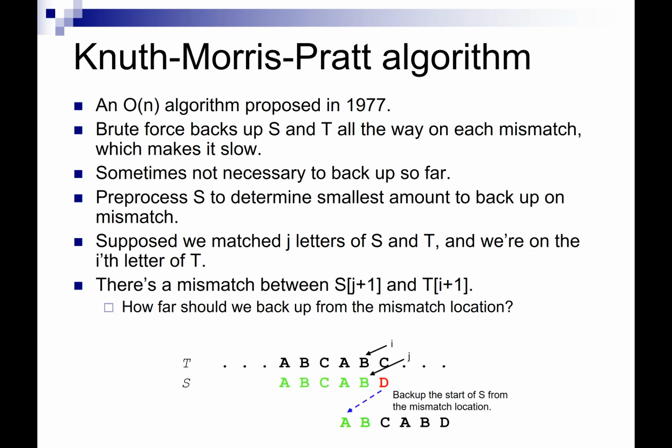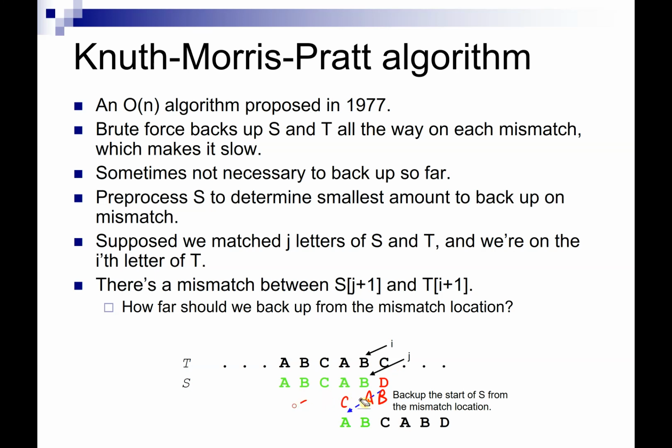So for example, over here, if we manage to match a large portion of S and T, then after getting a mismatch on this location between the C and the D, the brute force method would simply back up S all the way and start over here. It would try ABC, AB, this type of match.